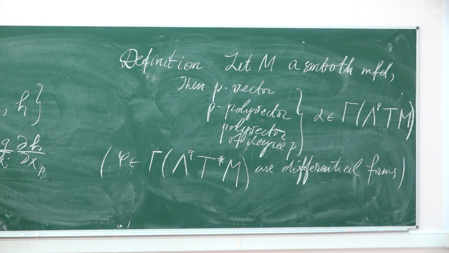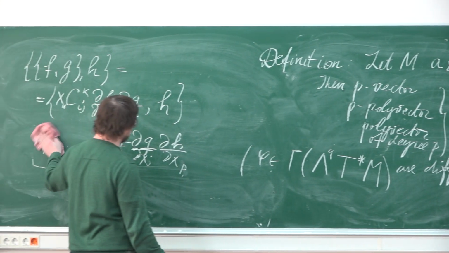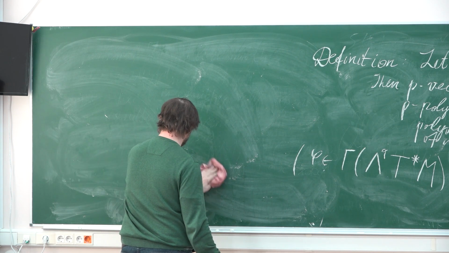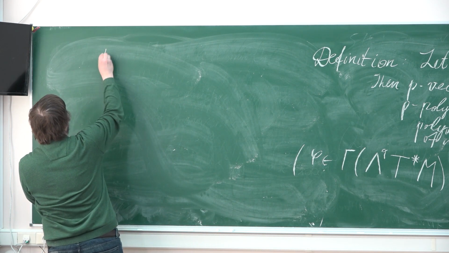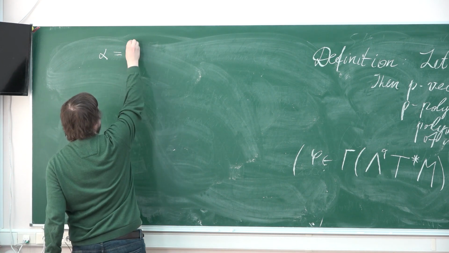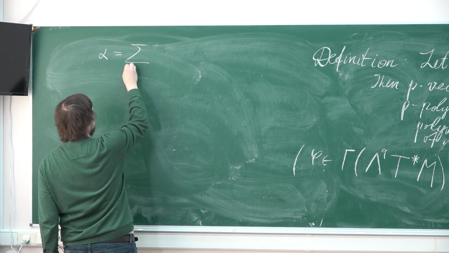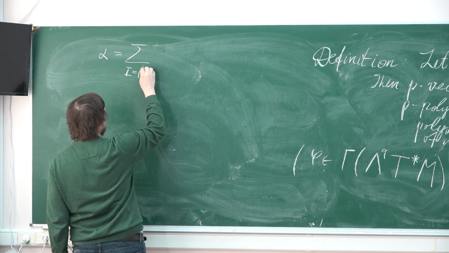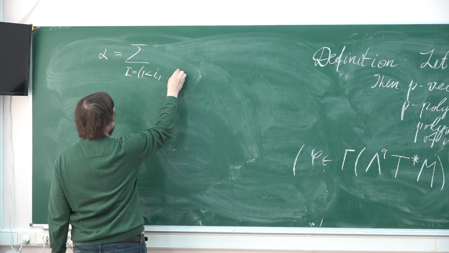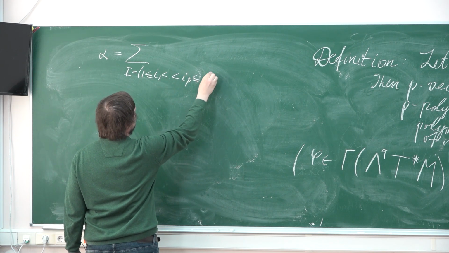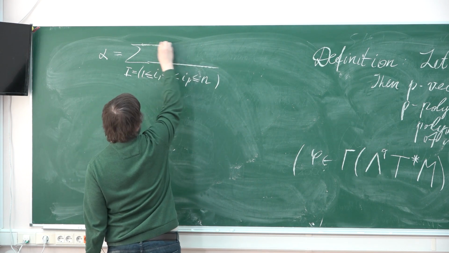However, they're quite natural. You can define them in precisely the same way as you define differential forms. Locally, such polyvector fields alpha are represented by formulas like a sum over all multi-indices i, say, right, something like that.